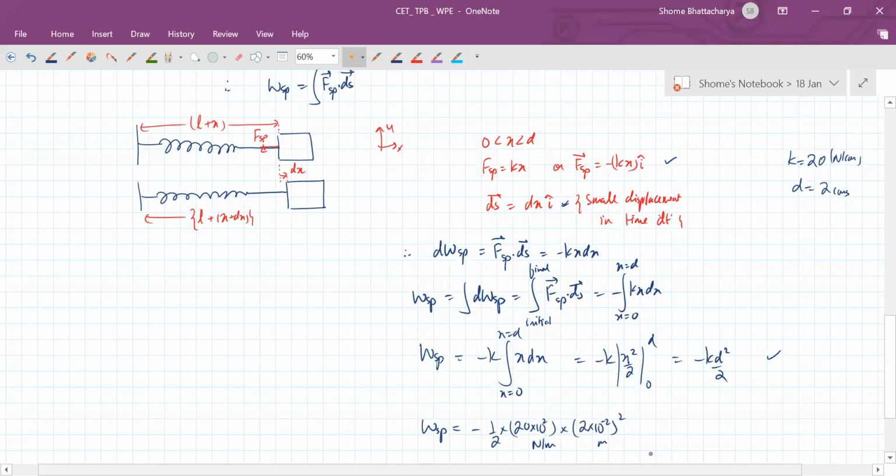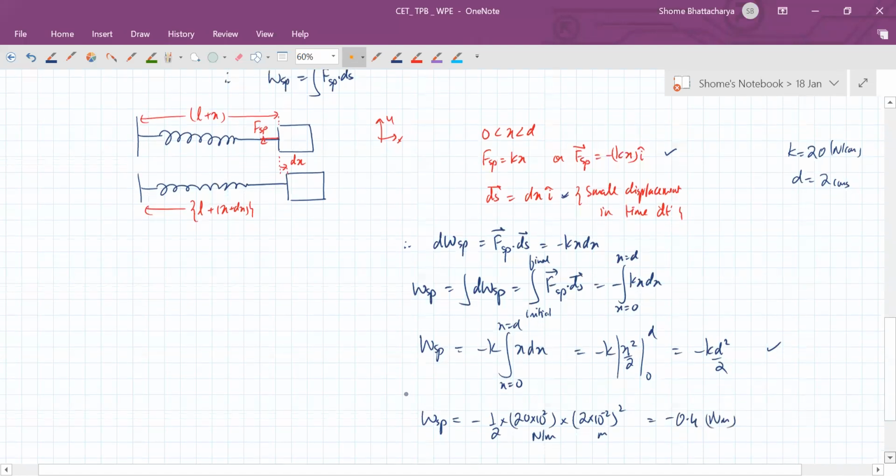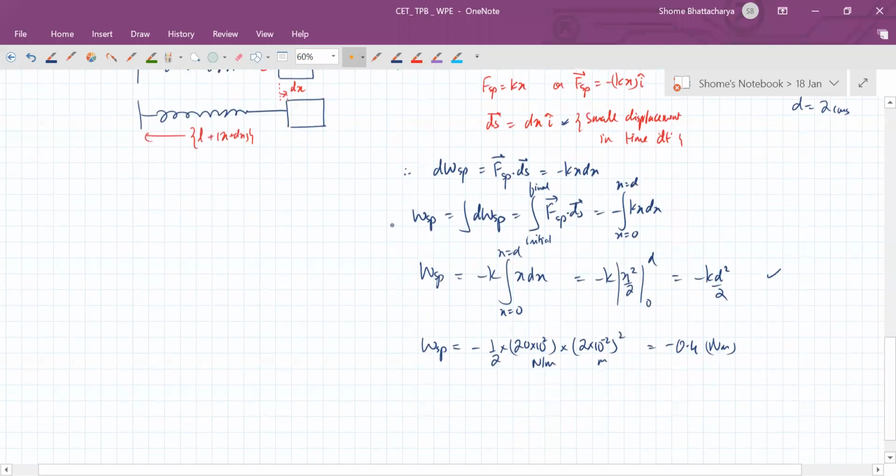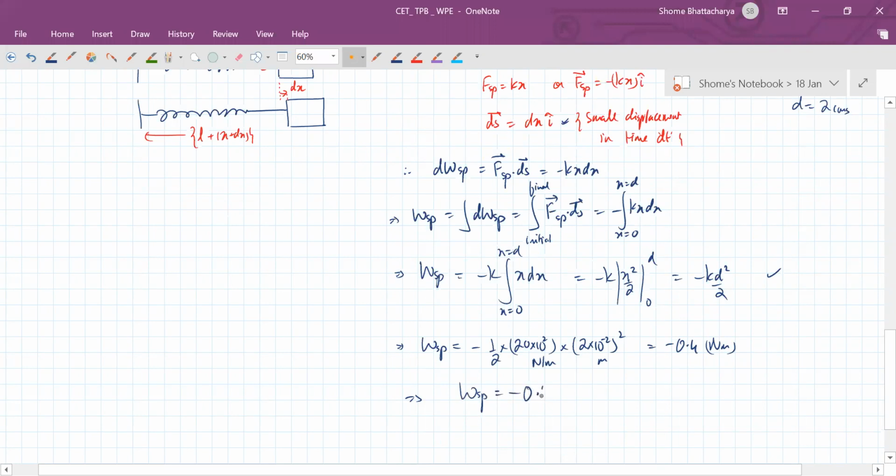You substitute this in meters. Okay. So we will get minus 0.4 Newton meter. Newton meter is the same thing as joules. So the work done by the spring will become minus 0.4 joules.